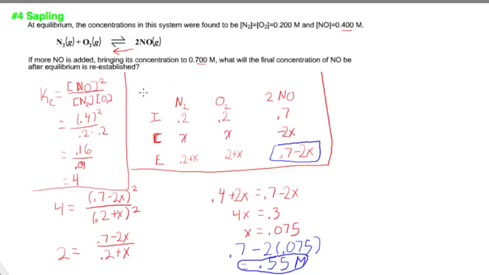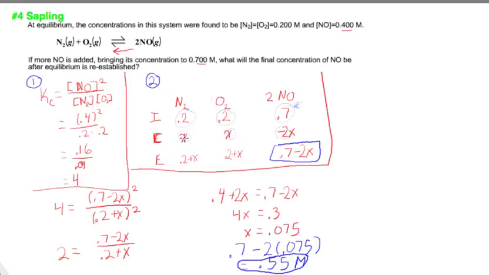Okay. So what did I do in summary? I first found the equilibrium constant. Second, I set up an ICE table. In the ICE table, I used the concentrations that I'm told for equilibrium and the starting concentration for what was changed. Okay, this is I think the tricky part. Then I use stoichiometry to figure out how much of each one gets changed.